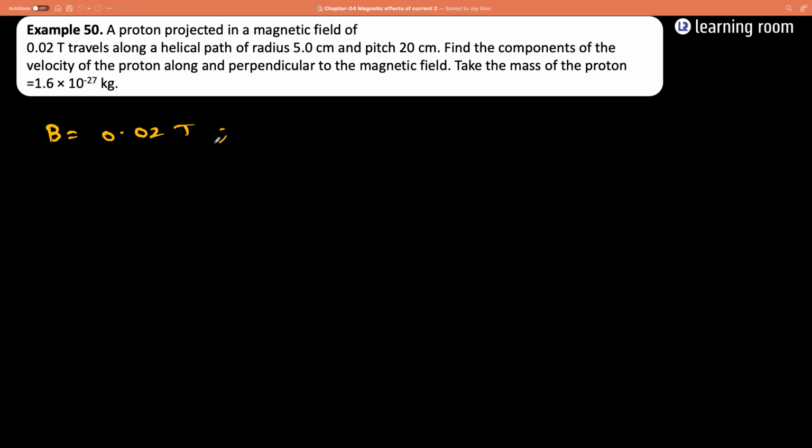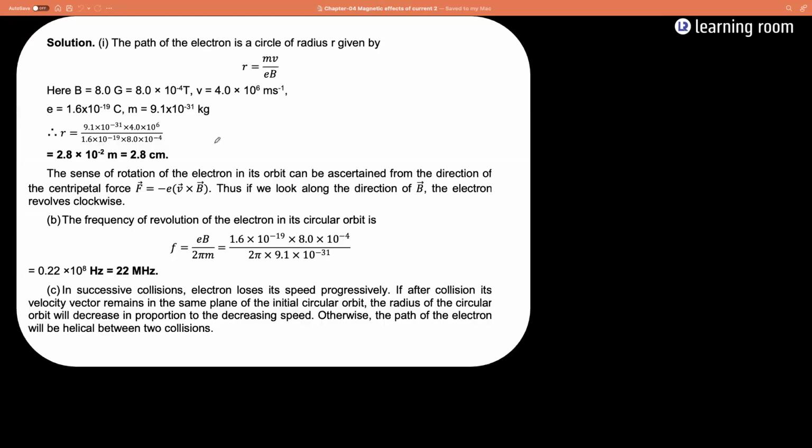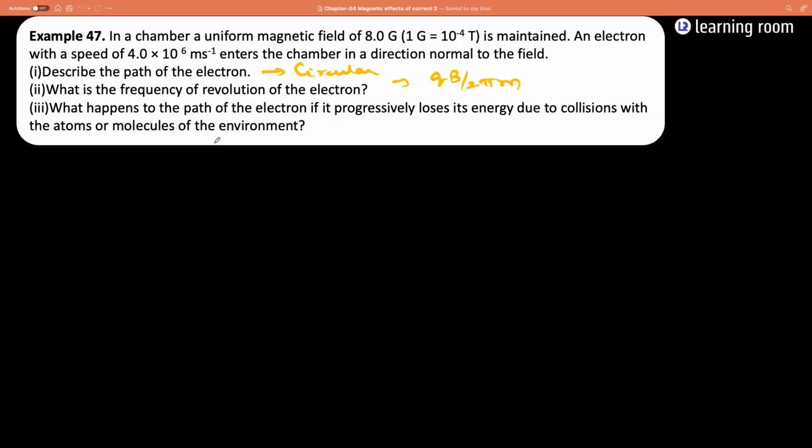Sir, how does it travel in a helical path? Because during collision, what is going to happen? When collision is happening, kinetic energy will get converted to something else. So it is not a perfectly elastic collision. They told it loses its energy due to collision. So what energy is obviously lost? Kinetic energy. When kinetic energy is lost, velocity is decreased. When velocity is decreased, what will happen to the radius?